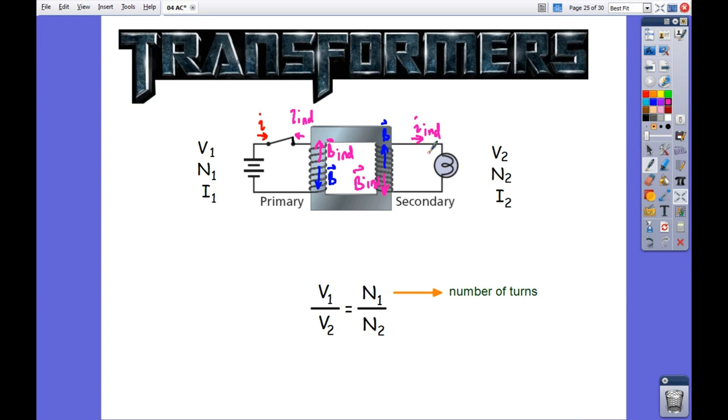Although it is not connected directly, this coil is actually isolated and this coil is also isolated. That means there is no current going through from primary to secondary. The means of this electric current is actually magnetic field changes.